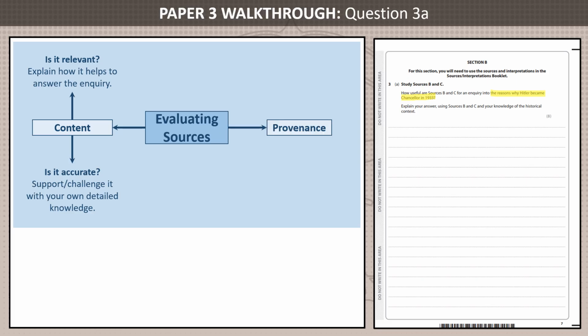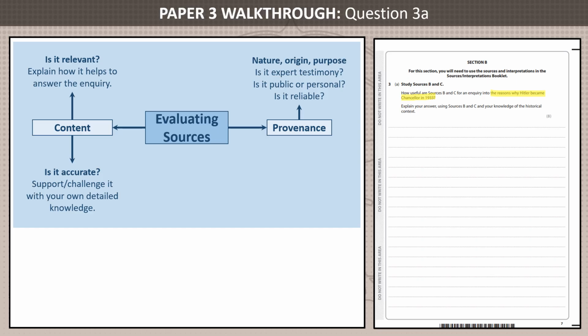When it comes to the provenance, we might look at the nature, that means the type of source, the origin, who made it, when and where, and we might look at the purpose of the source, why it was made.